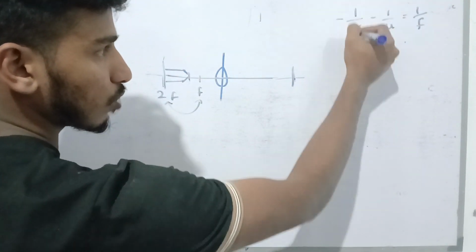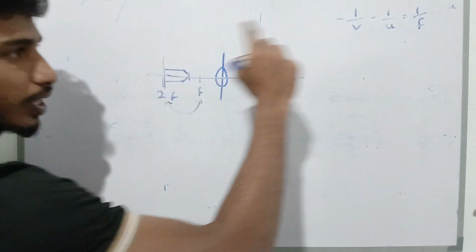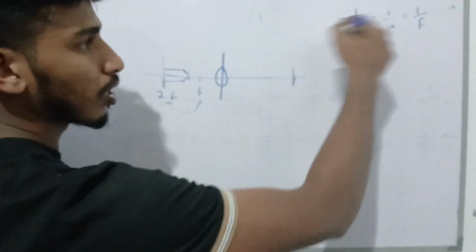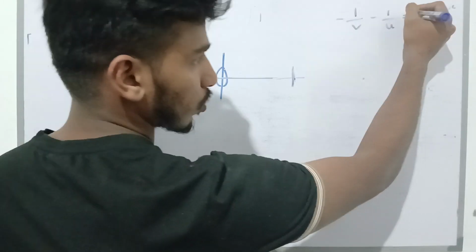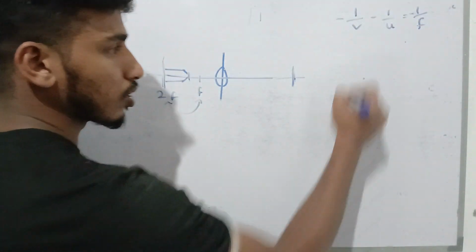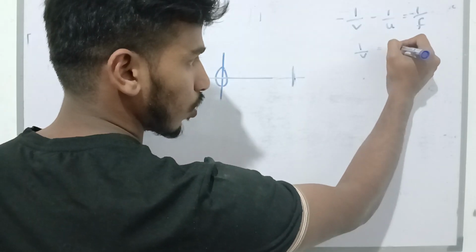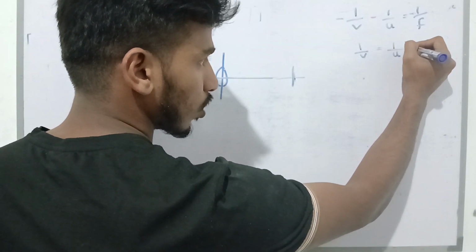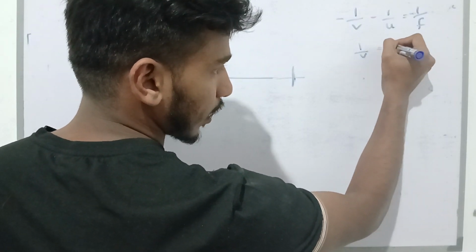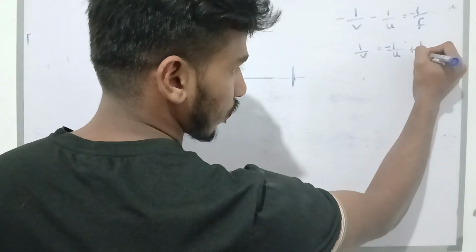So minus 1 over v, a real object minus 1 over u. Focal length is negative because of the convex lens. So I have 1 over v, the image distance, is equal to 1 over u minus plus 1 over f.